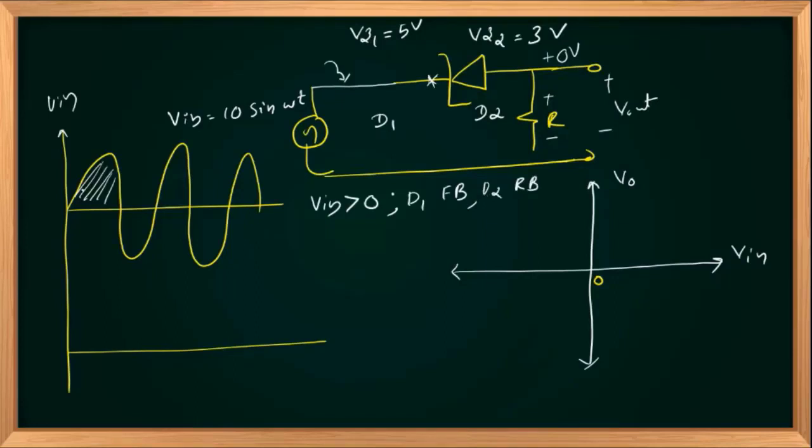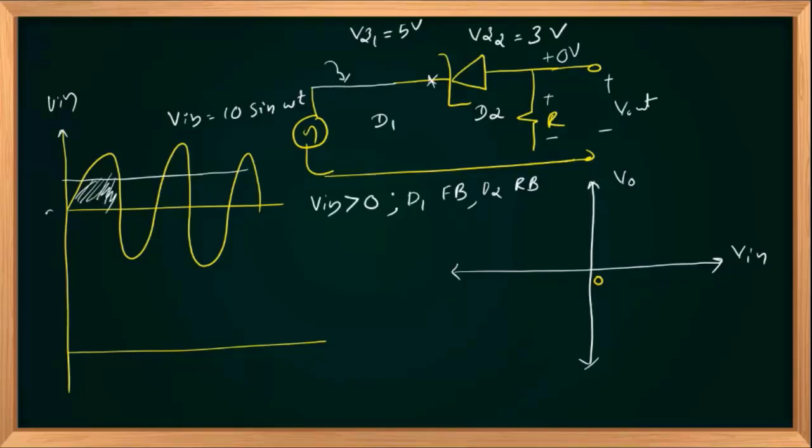If V in is less than 3 volts, D2 will be in reverse biased mode, but before breakdown.